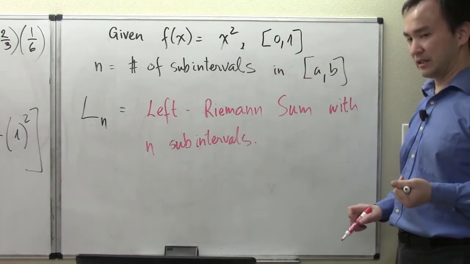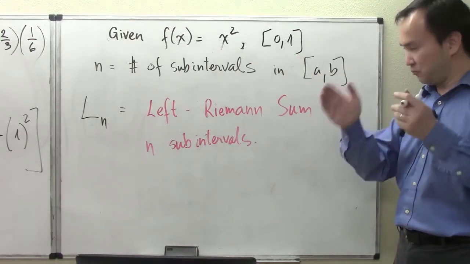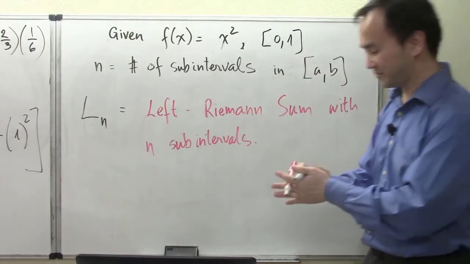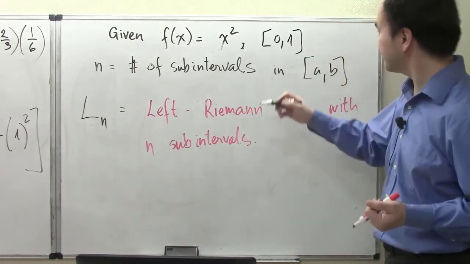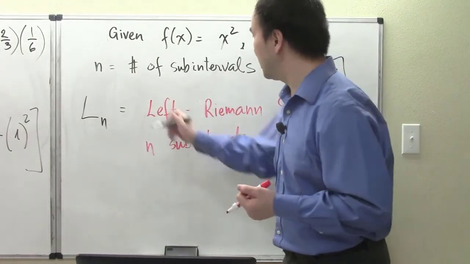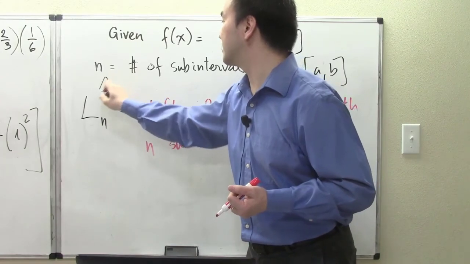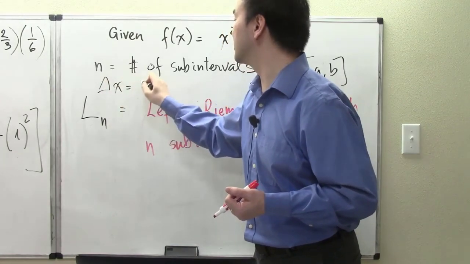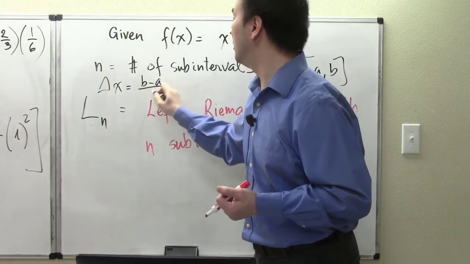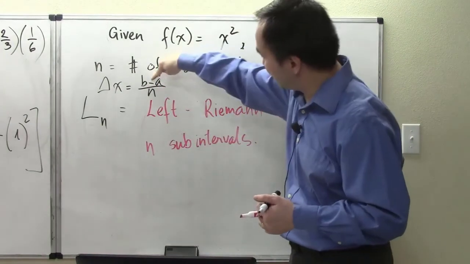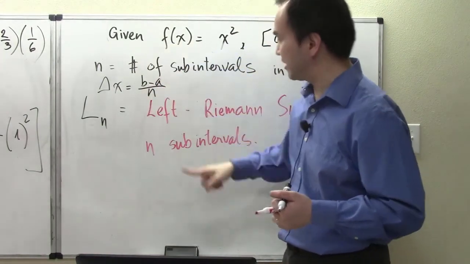Okay, and the idea was just now, we break it down, and of course we stay with equal widths right here. So for simplicity, delta x equals just b minus a over n: the final point of the interval minus the beginning point, divided by the number of subintervals.